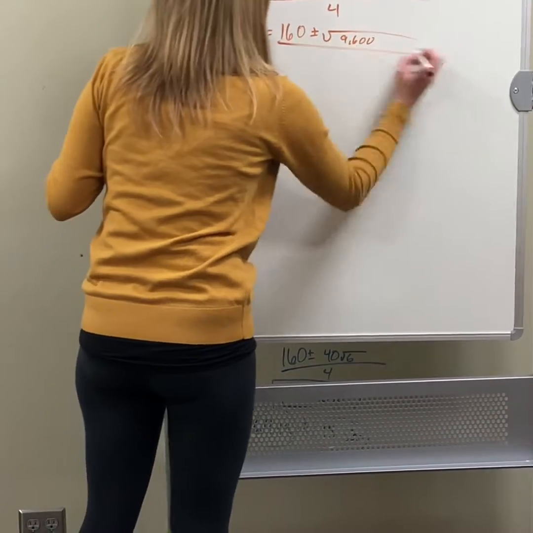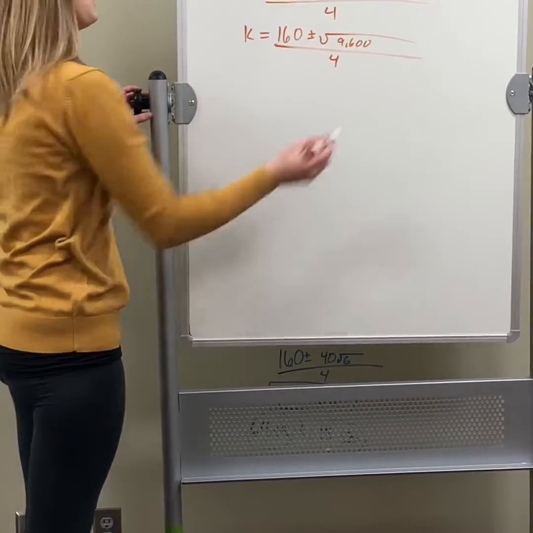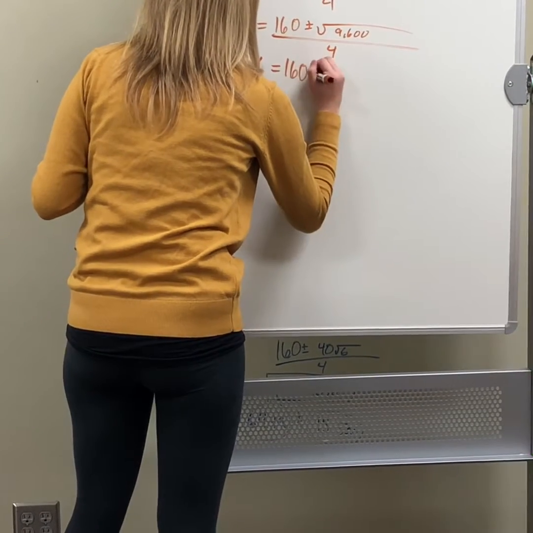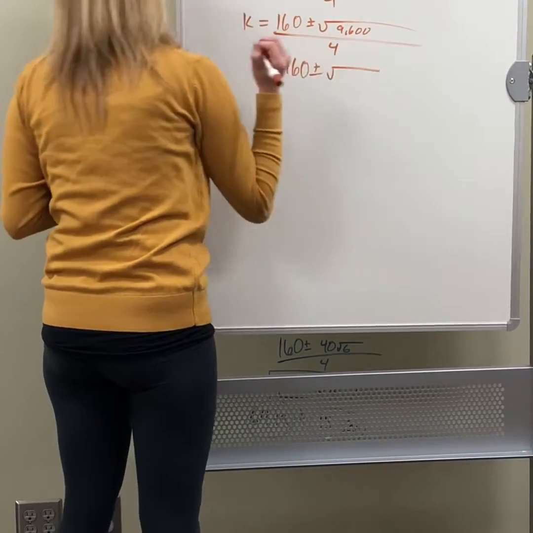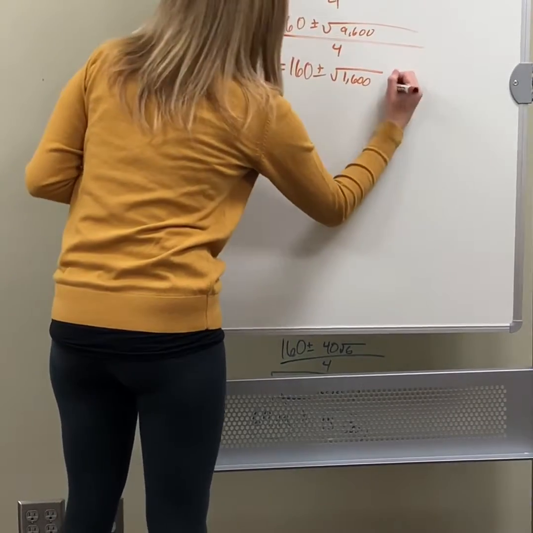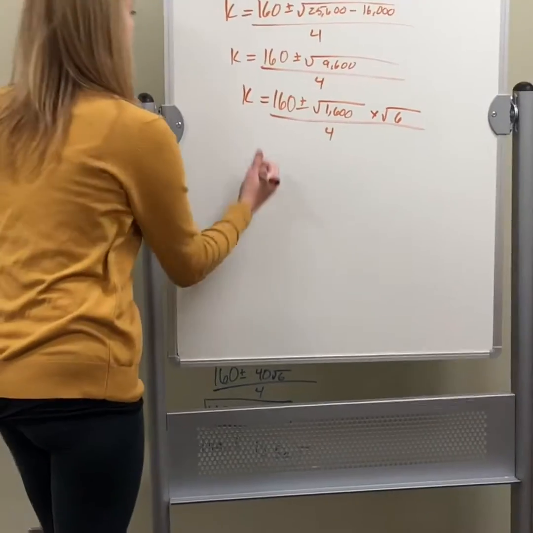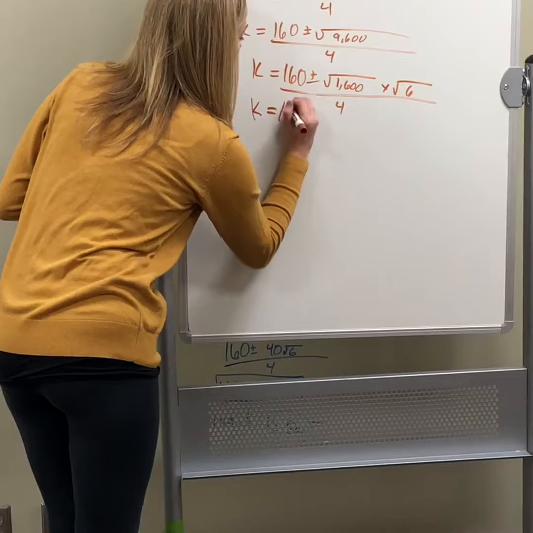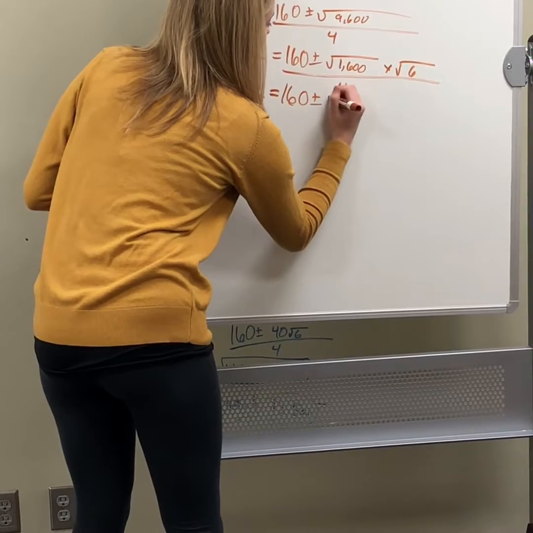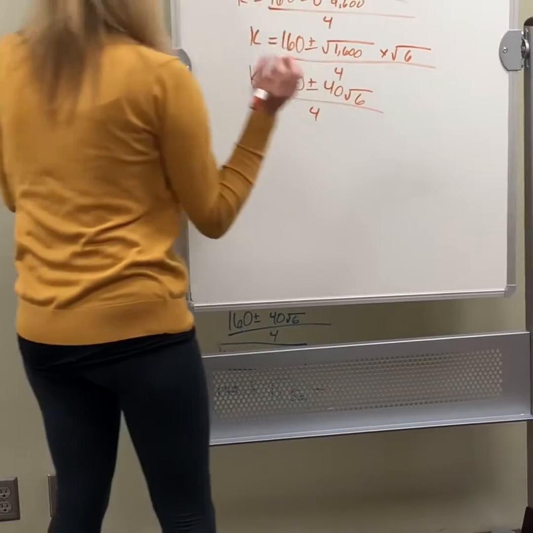So then we have k equals 160 plus or minus the square root of 9,600, over 4. You can't take the square root of 9,600 directly, so you have to break that up. k equals 160 plus or minus the square root of 1,600 times the square root of 6, over 4. The square root of 1,600 is 40, so 40 times the square root of 6 over 4.